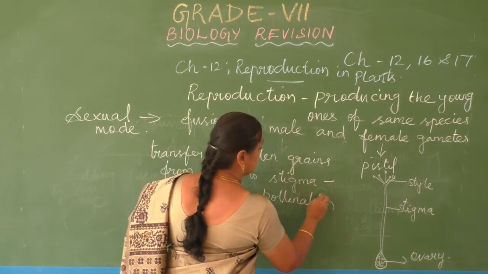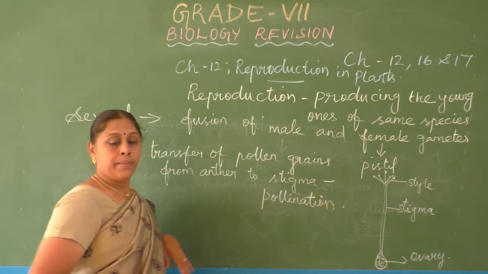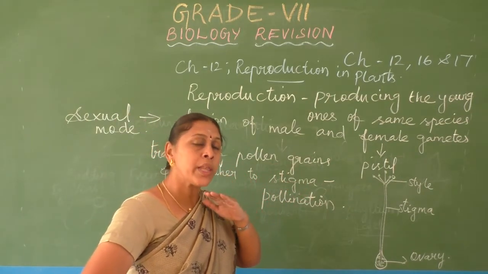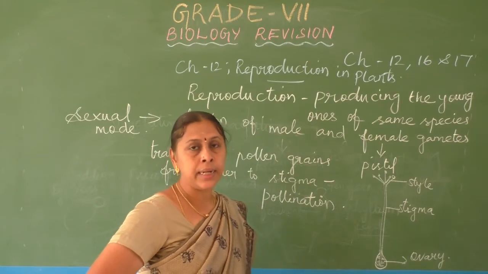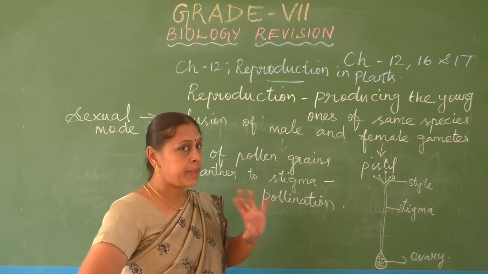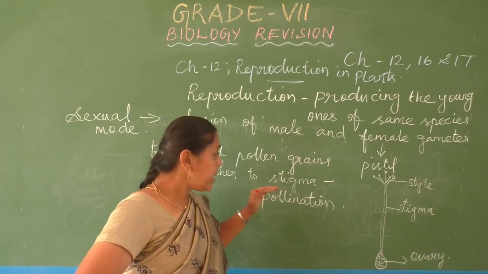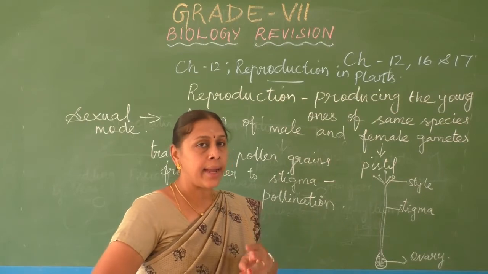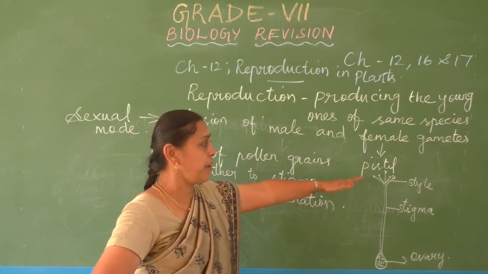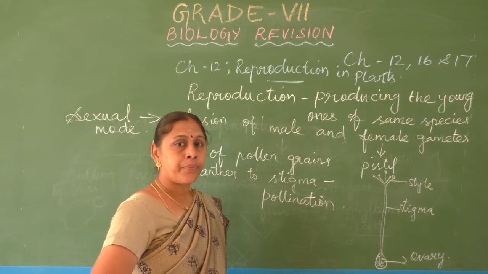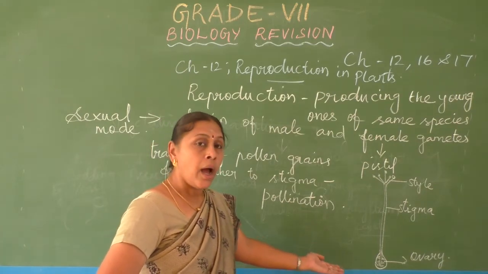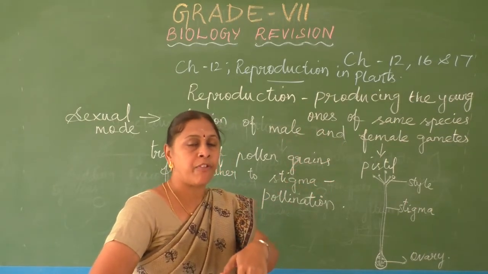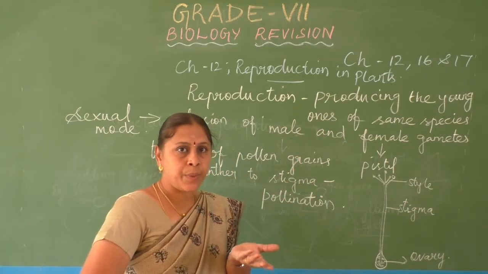So the plants reproduce in both methods, asexual and sexual. In the asexual method we discussed 5 types, and in the sexual method the male and female gametes are produced, that is the anther, and the female gamete in the ovary. The pollen from the anther falls onto the stigma of the flower and fertilization takes place.